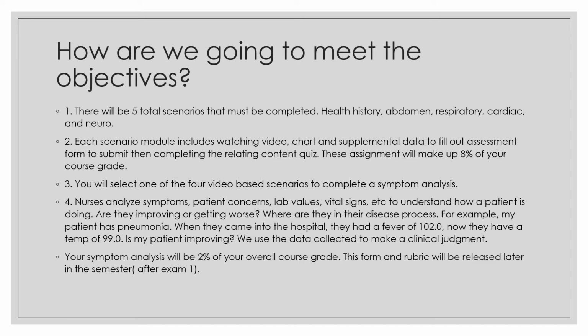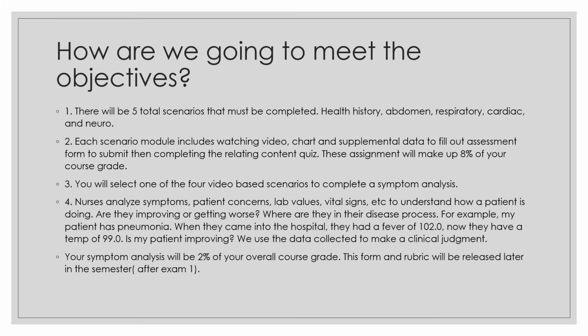So we are going to meet these objectives by the following. There are going to be 5 total scenarios that must be completed: the health history, abdomen, respiratory, cardiac, and neuro. Each scenario module includes watching the video of the patient assessment, reviewing the chart, and the supplemental data.